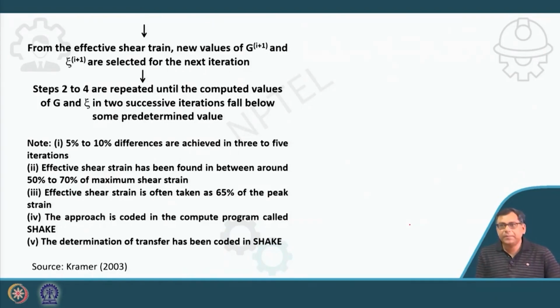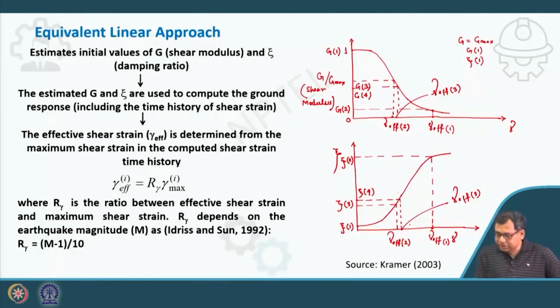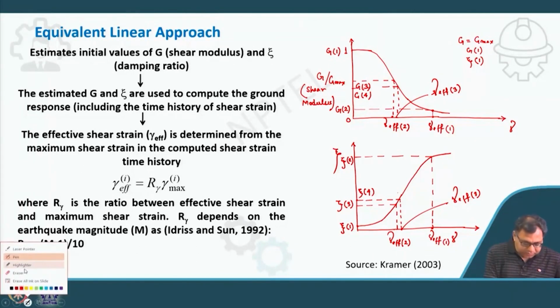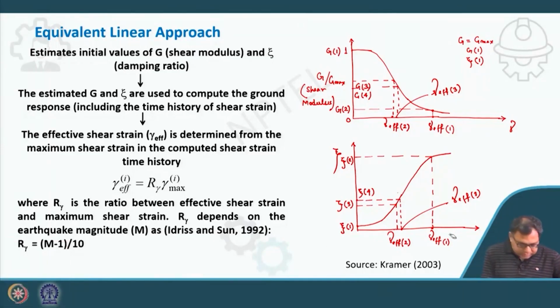So that means here in your ground response analysis G is not constant, it is a function of shear strain also. Clear? So this is your equivalent linear approach.